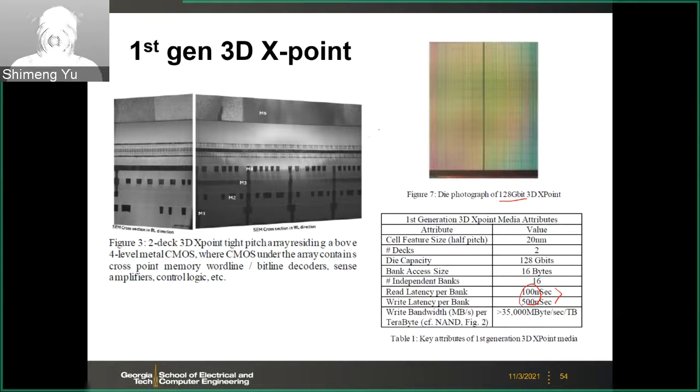And this is a 3D view of the chip under the microscope. Here, those are the cross-point memory array layers above the CMOS. The CMOS peripheral circuit is hidden underneath. So this is like the NAND flash CMOS under array. So this is the array, and the CMOS is under the array.